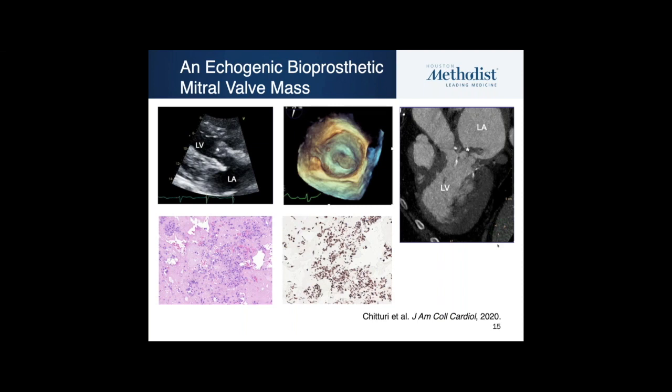And they're responding to chronic inflammation that's incited by that foreign body. They typically arise around the sewing ring of bioprosthetic valves because that's where most of the inflammatory reaction starts. And then an underlying EBV infection, either prior to the bioprosthesis or after it, activates those cells, and you get clonal expansion of the B cells there, and it's a very indolent neoplasm.